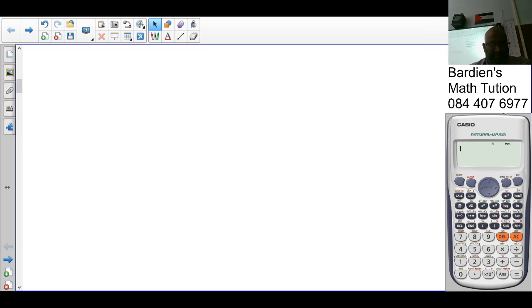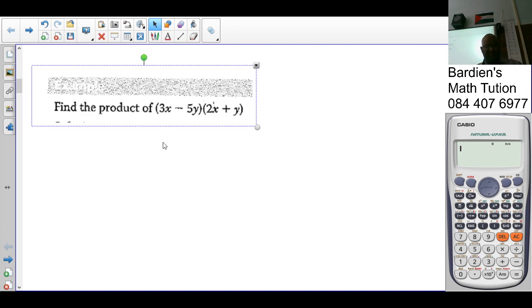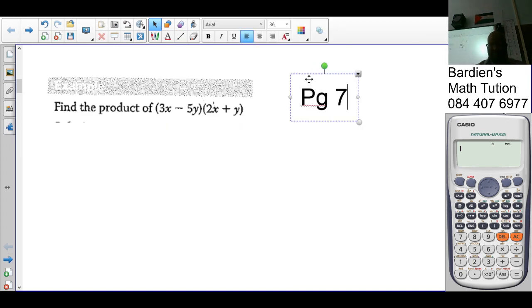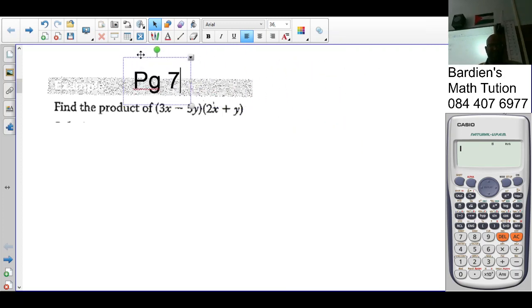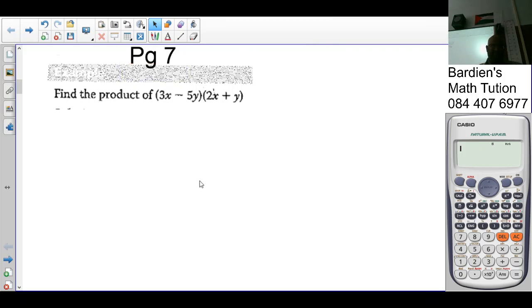The example 1 on page 7. Okay, there's the next one I want you guys to do quickly.